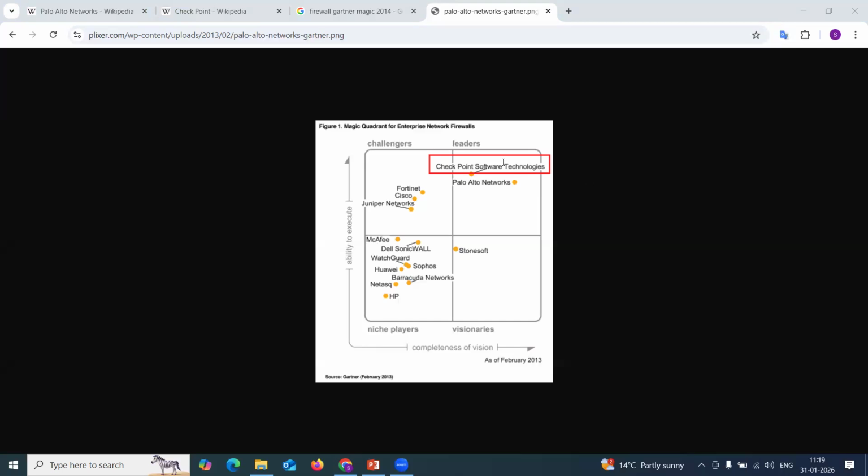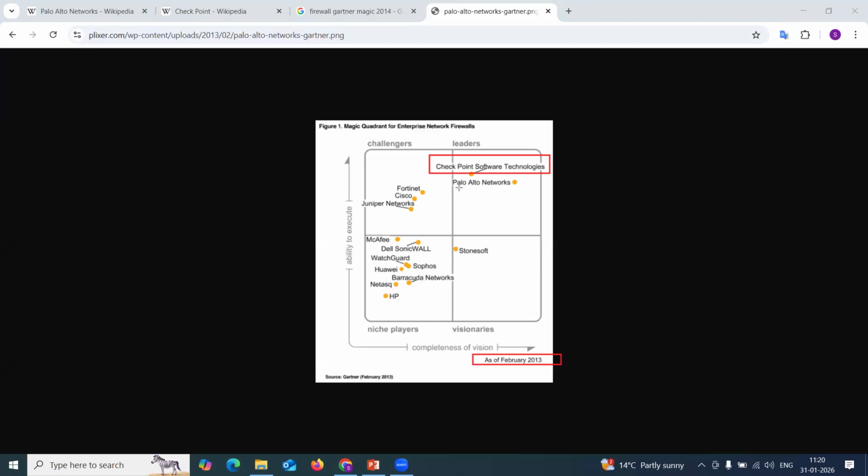And then there was Palo Alto Networks in 2013 itself. See, in a very short time, Palo Alto Firewall had made their position inside the leaders itself.